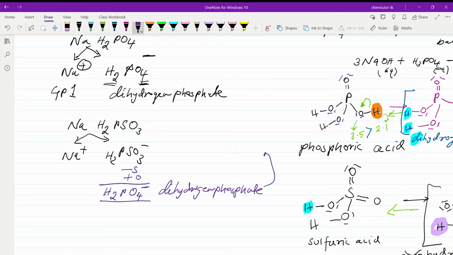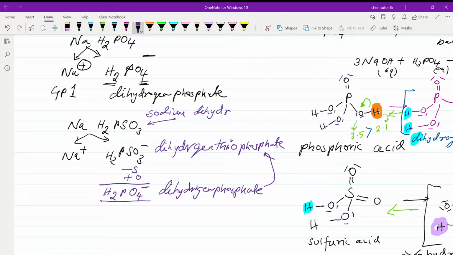Therefore, the original one is dihydrogen thiophosphate. So the compound name now is sodium dihydrogen thiophosphate.